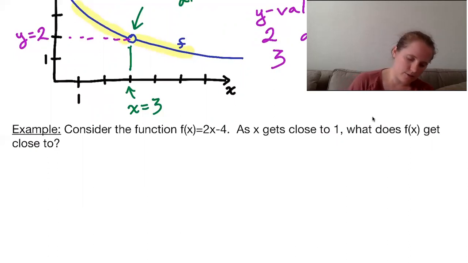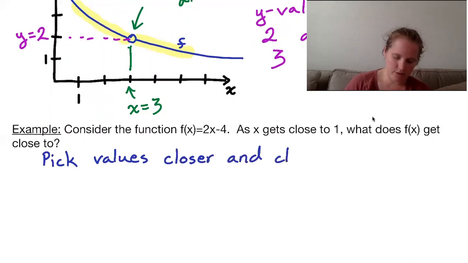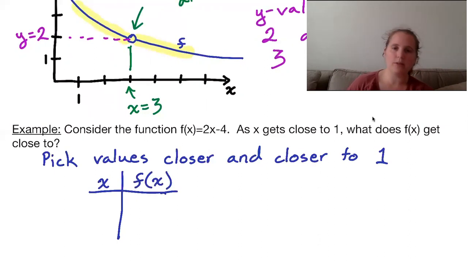So this time let's take a slightly different approach and pick values closer and closer to 1. We'll have x and f of x and see what happens.